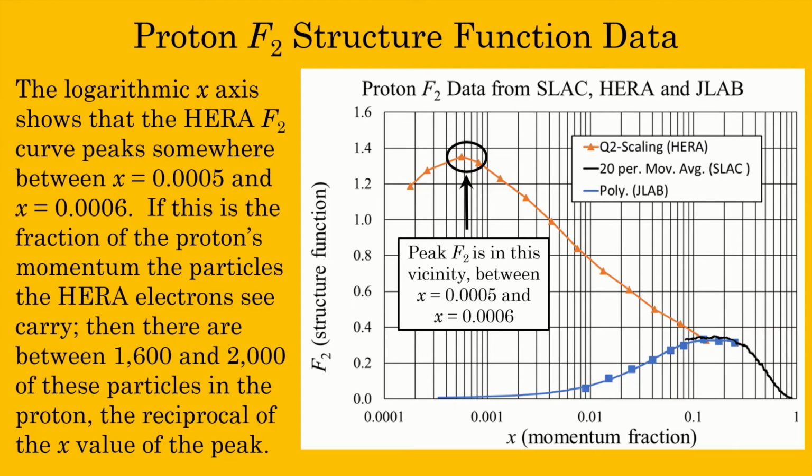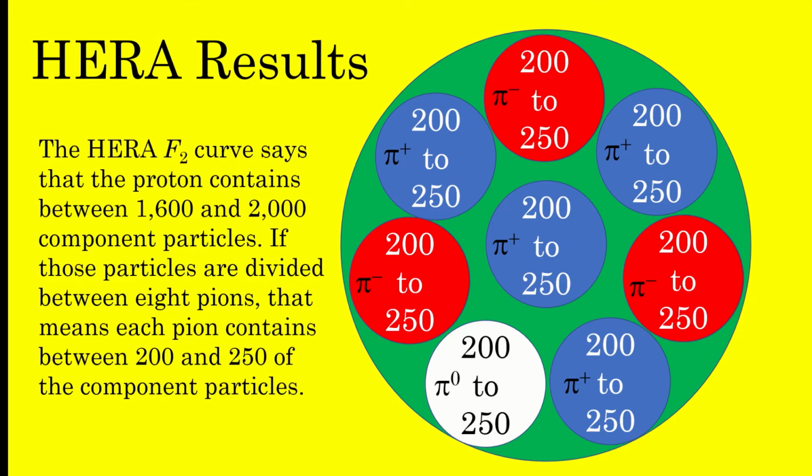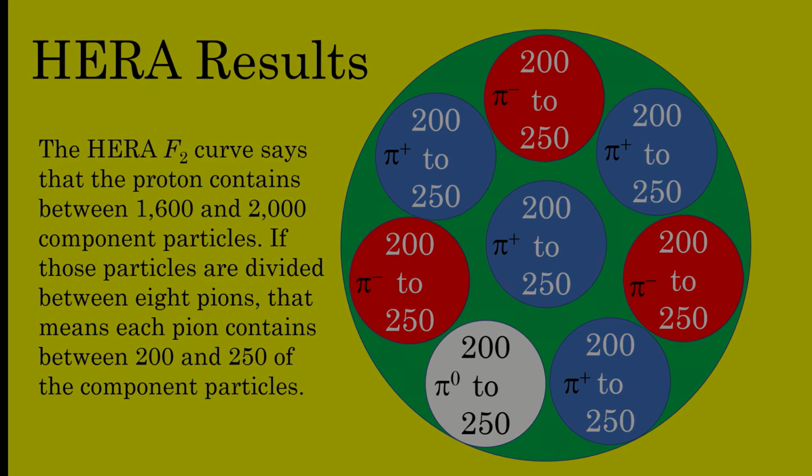The graph shows that the HERA F2 curve peaks between x equals 0.0005 and x equals 0.0006, which suggests that the proton contains between 1,600 and 2,000 of these smaller particles. If there are 8 pions in the proton, that means that the pions contain between 200 and 250 of the smaller particles.